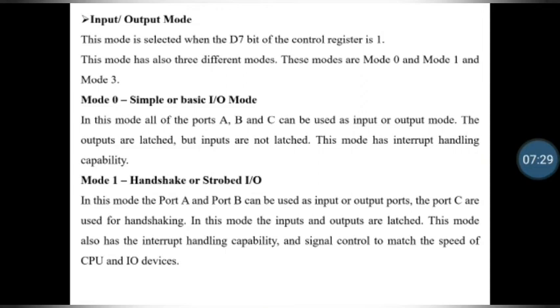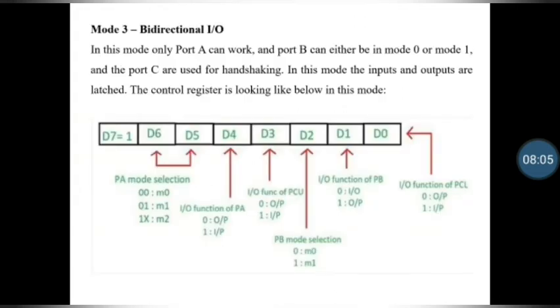There are also signals to match the speed of the processor and the IO devices. So the difference between mode 0 and mode 1 is that in mode 0 all the ports are used as input output, but in mode 1 only port A and port B are used as input output.